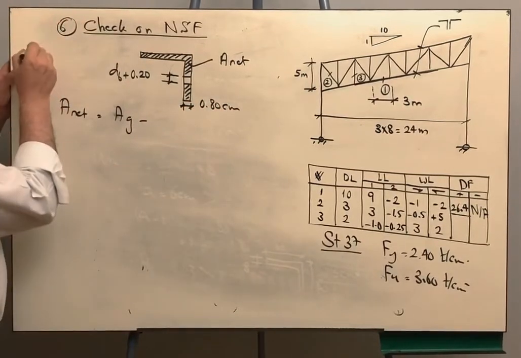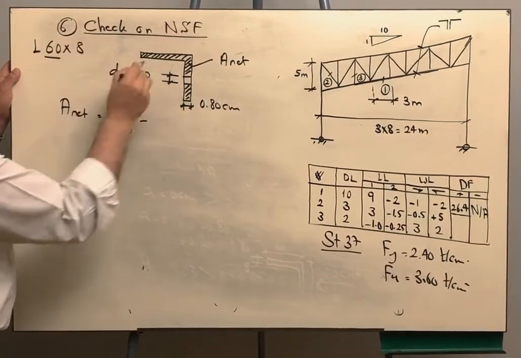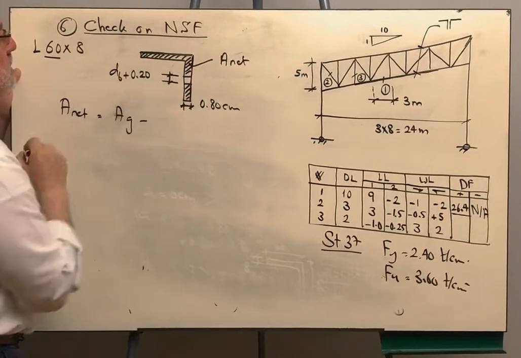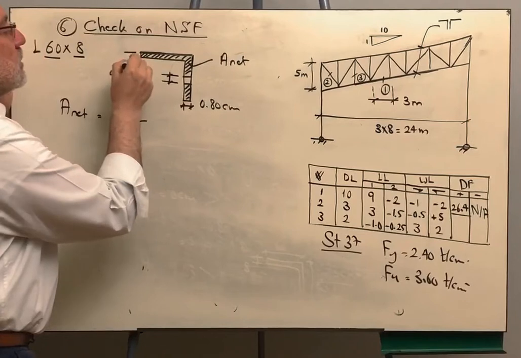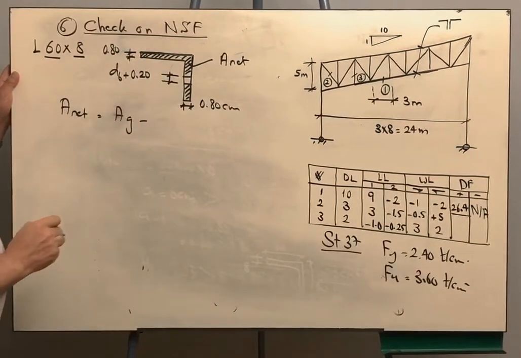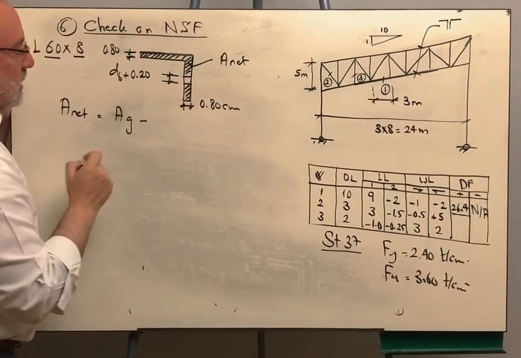How did I know this? Because this angle is 60 by 8. 60 is the angle leg, the length of this leg here, 6 centimeter, and this is 6 centimeter, and the 8 is the thickness, 0.8 centimeter and 0.8 centimeter. Okay? So if you want to get the hatched area, you will have to deduct this rectangle.